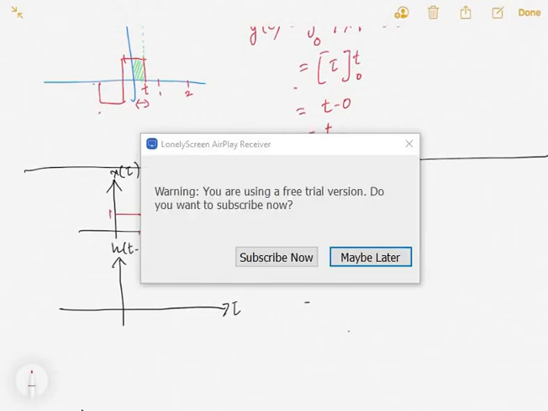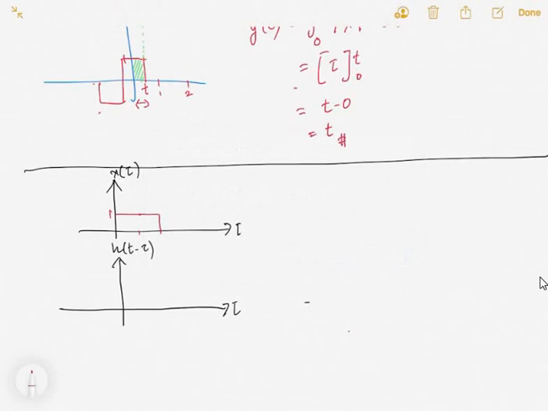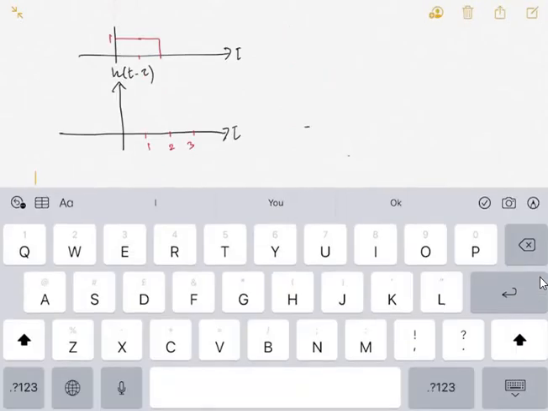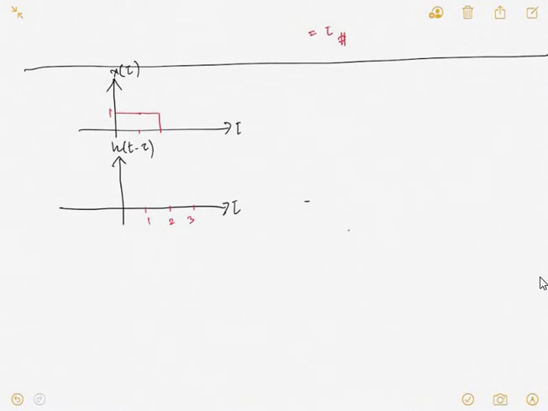Then you shift t from 1 to 2, 1, 2, 3. Just now it was 0 to 1, now it's 1 to 2, so your signal will be here.